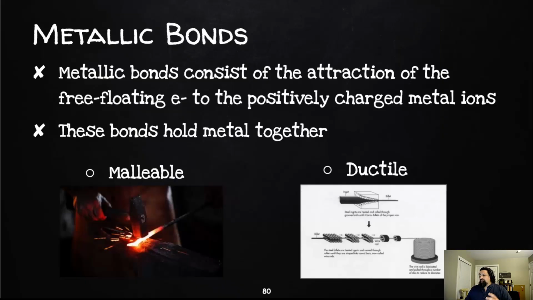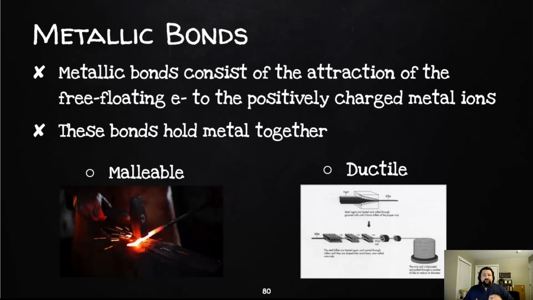Which brings us into the properties. Those metals get held together by these free floating electrons, a sea of electrons that are moving around all the time. And so we have two main properties of metals, which is malleability and ductility, two that you may not have thought about or may not have known had a name. Malleability is that we can bang the metal into really thin sheets, or we can bend it and it maintains its strength.